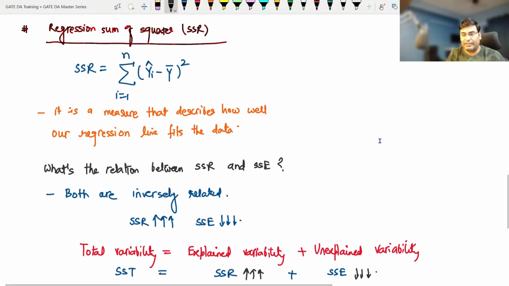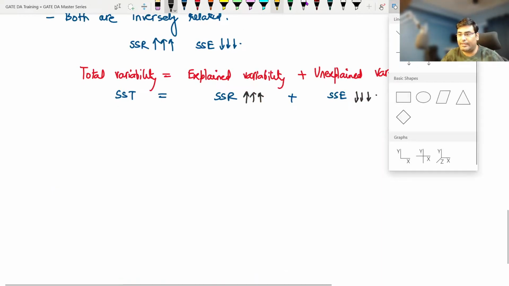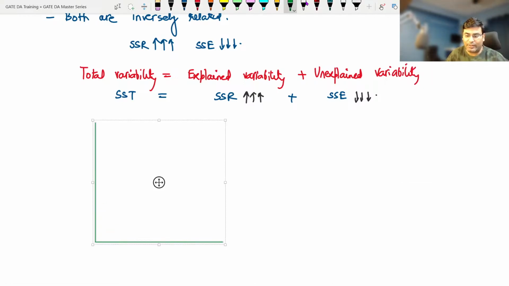And I can also show this with some examples with data points. So let's say I quickly take one simple x-axis, y-axis, and I just take some data points like 1, 2, 3, 4, and 5.